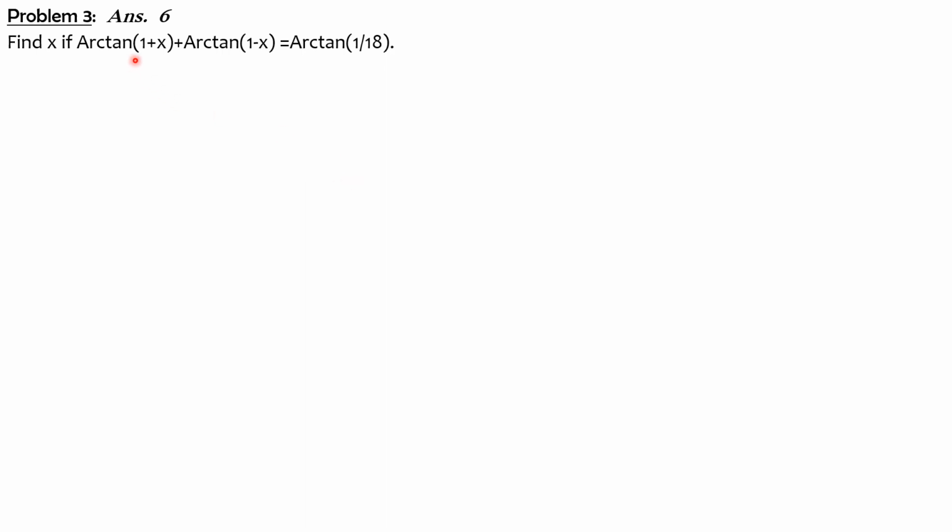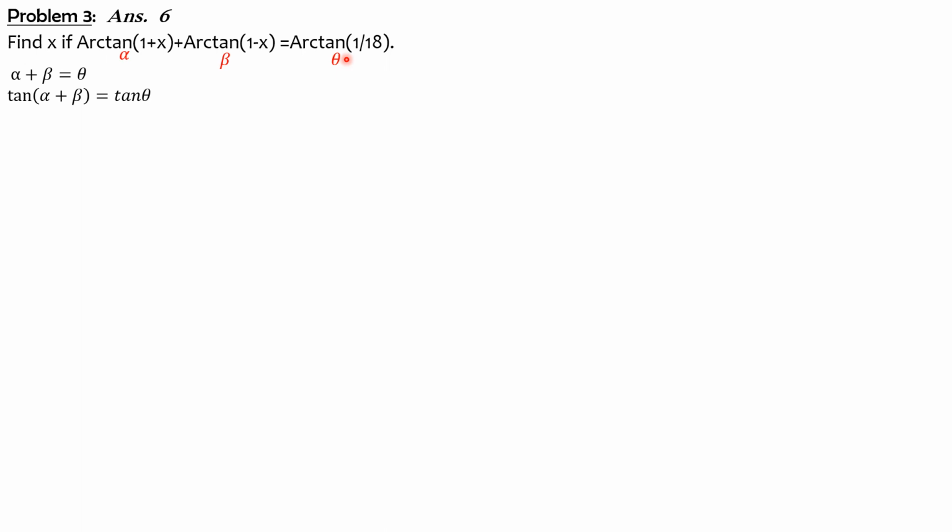Then for the official solution, because these are angles, inverse tangent functions, I'll call this alpha, the second term beta, and the right side term theta. So alpha plus beta equals theta. Taking tangents on both sides, tangent of quantity alpha plus beta equals tangent of theta.